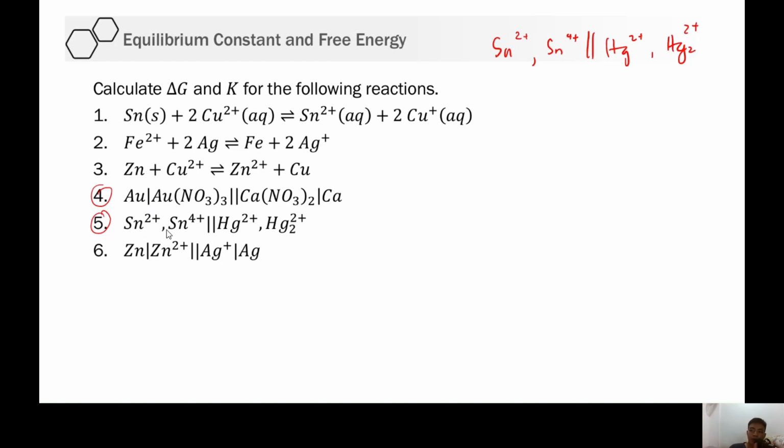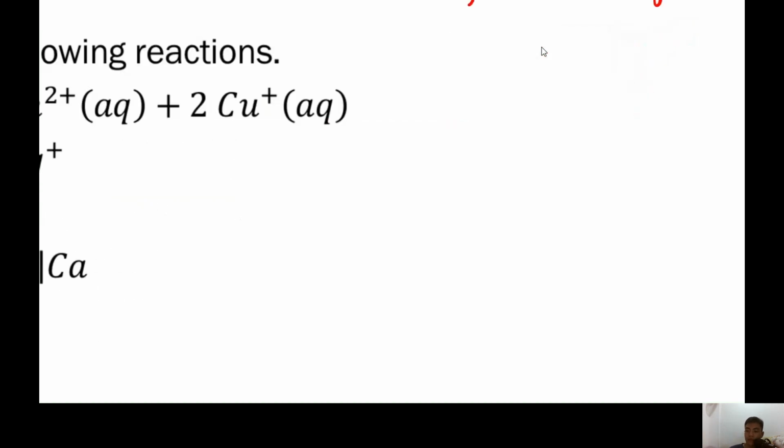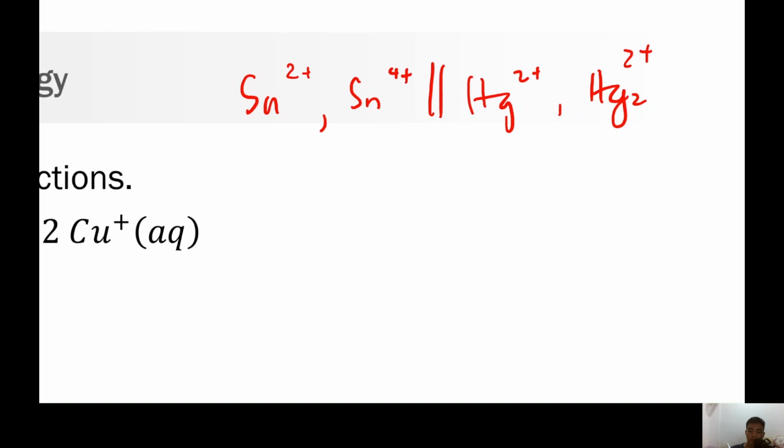So again, a comma is the same as the vertical line, except that this tells us that these two are in ionic form. Let me zoom it here. Take note that on the left we have the anode, on the right we have the cathode. So let me balance the equation. On the left we have Sn2+ going to Sn4+.